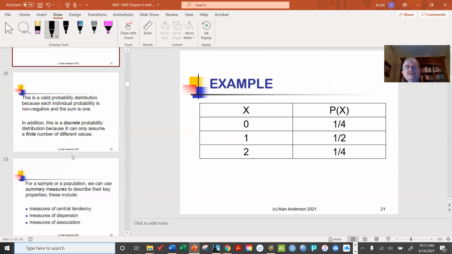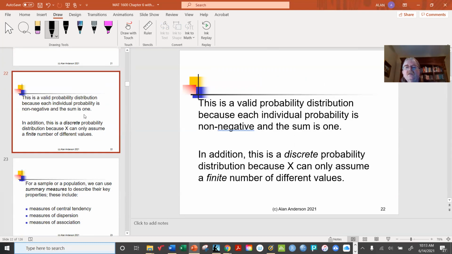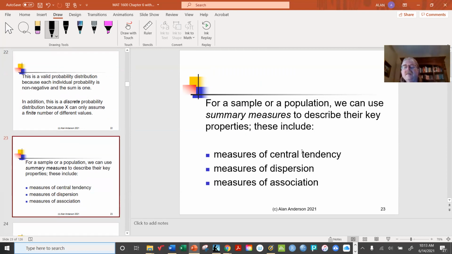We can then use this to define a set of what are called moments. So if you recall, from chapter 3, we defined several measures. The ones we looked at were measures of central tendency, measures of dispersion, and measures of association. We can do the same exact thing for random variables.